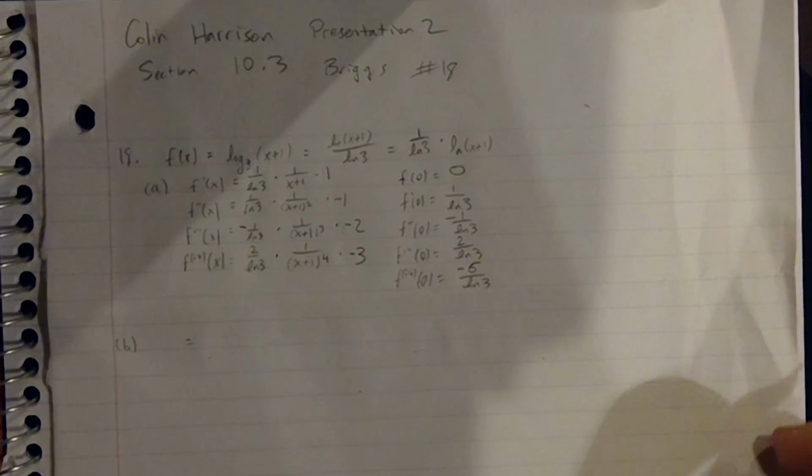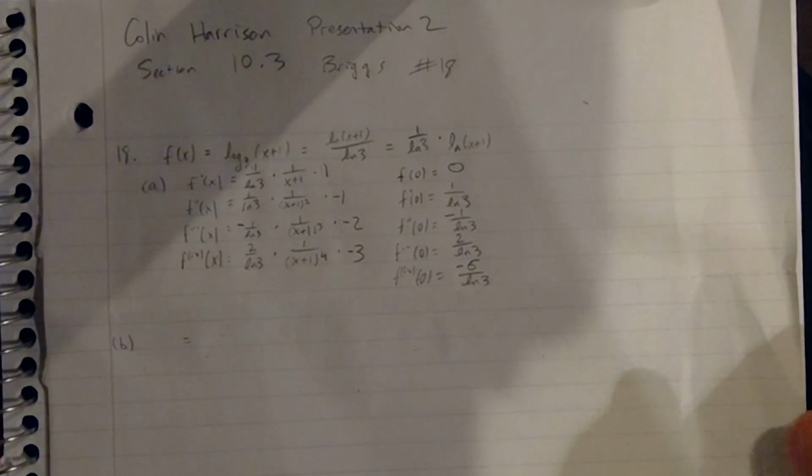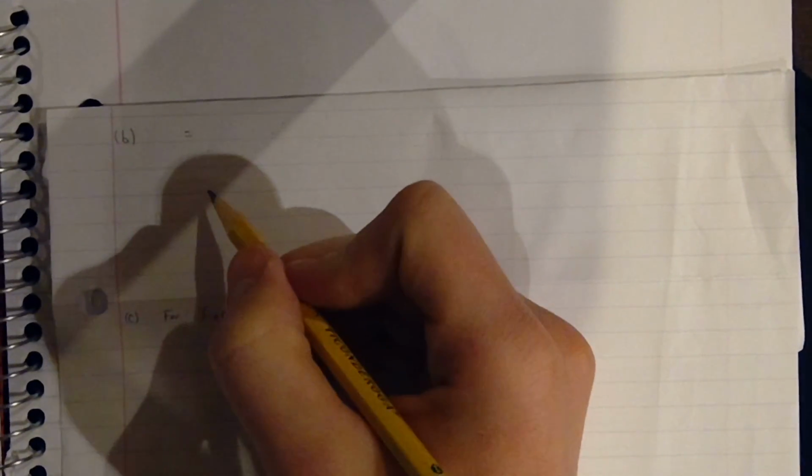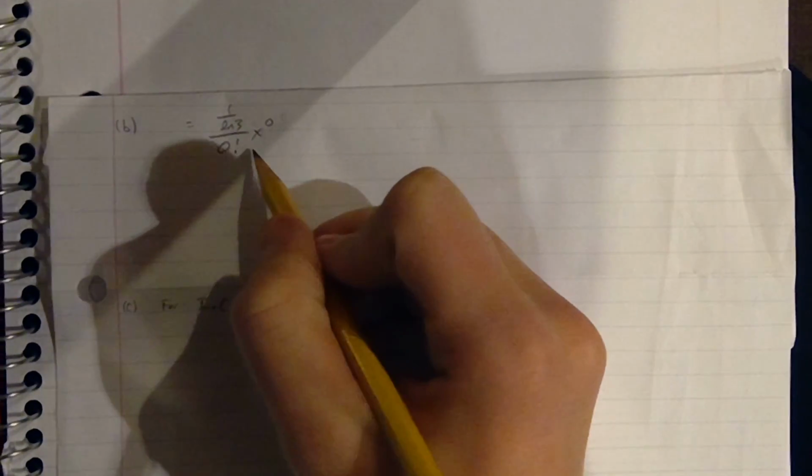Okay, so part B asks us to write this in series form. So I'm going to first write out the terms. We rule out the 0 term, and then the first term is going to be f prime of 0, so that's just 1 over ln 3, as I found before, over 0 factorial times x to the 0, which is just equivalent to 1 over ln 3.